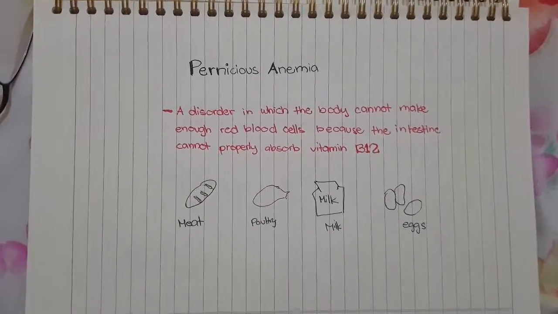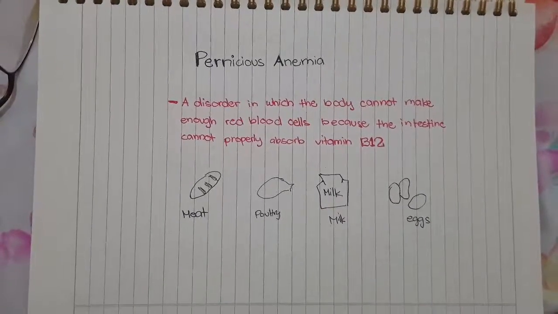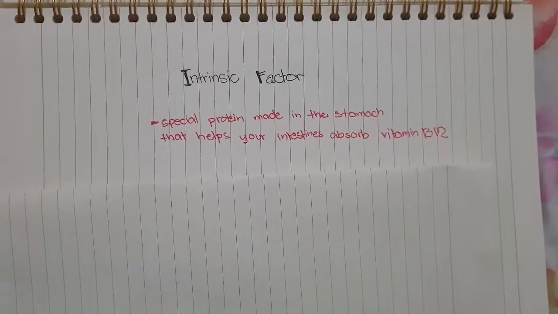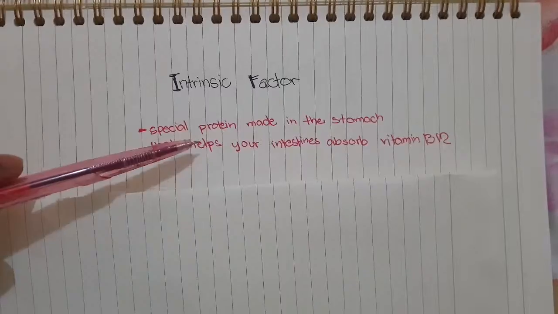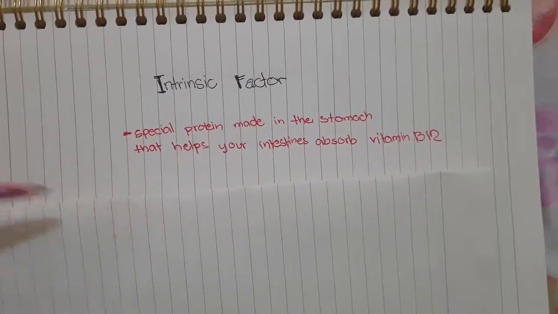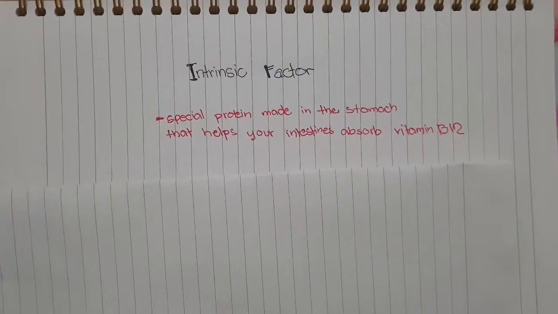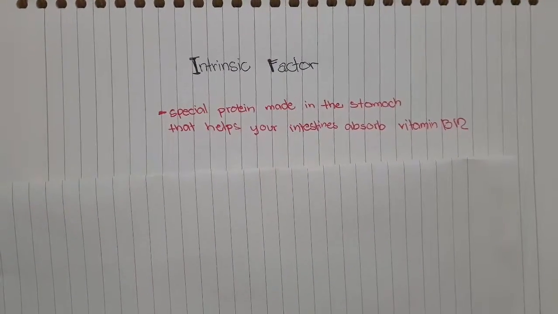People who suffer from pernicious anemia can't absorb enough vitamin B12 because they lack intrinsic factor. When we're talking about pernicious anemia, we're talking about intrinsic factor. Intrinsic factor is a special protein made in our stomach that helps our intestine absorb vitamin B12. When your stomach does not make enough intrinsic factor, the intestine cannot properly absorb vitamin B12.